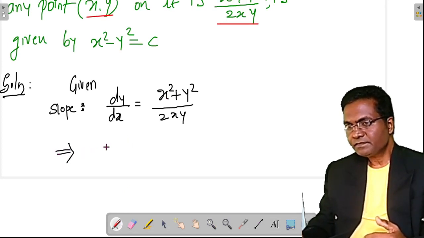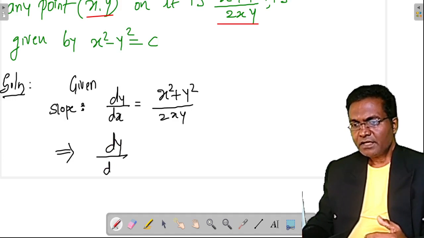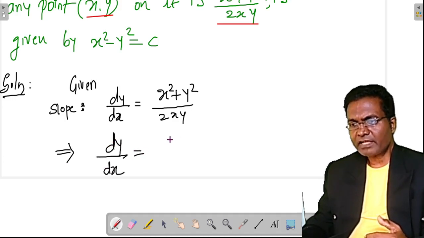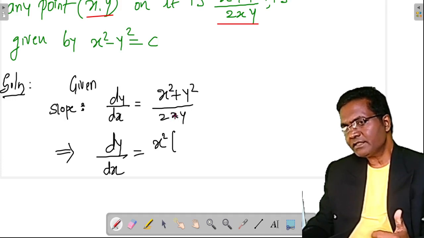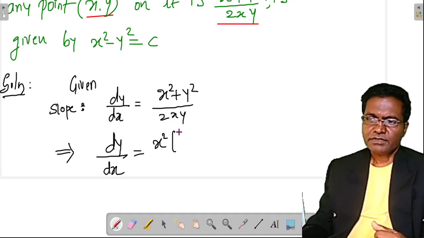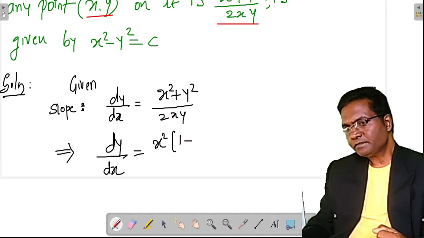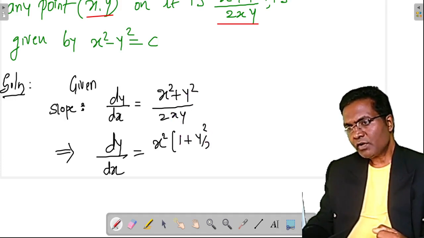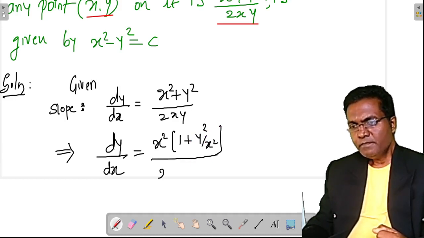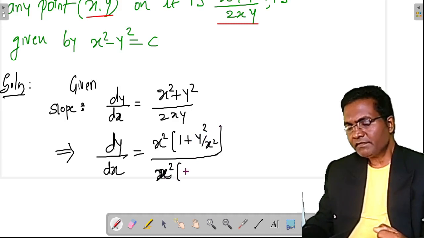Solve this. dy by dx is equal to... the degree of x is 2, so the degree of each term is 2 here. So if I take x square common, 1 plus y square by x square, and the denominator can also be written as, if I take x square out, x square into 2y by x.